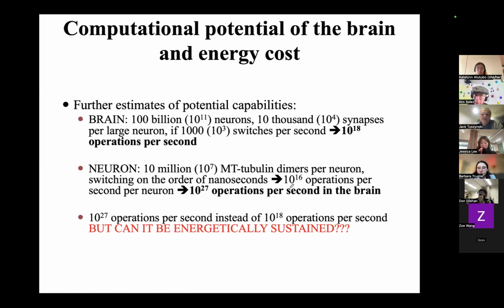I will skip this. This is just to tell you what the limitations might be, because these, if classical, require energy supply, which can be coming from mitochondria. But nonetheless, even if you restrict this to smaller numbers due to this, you still end up with very, very impressive possibilities.